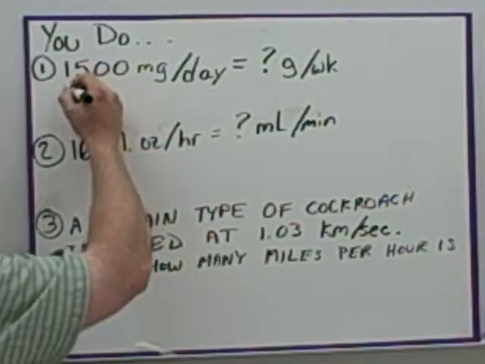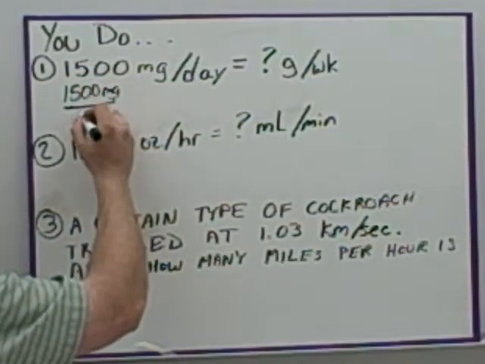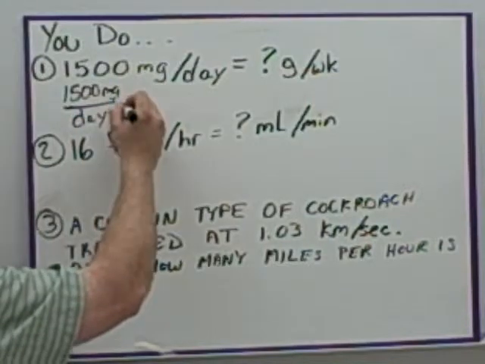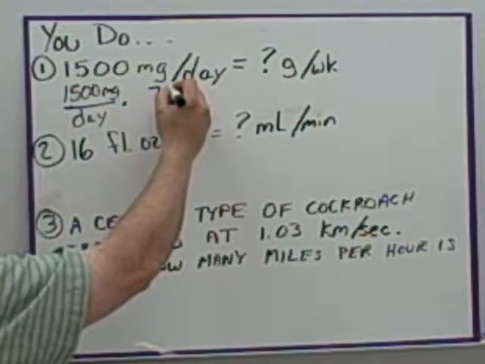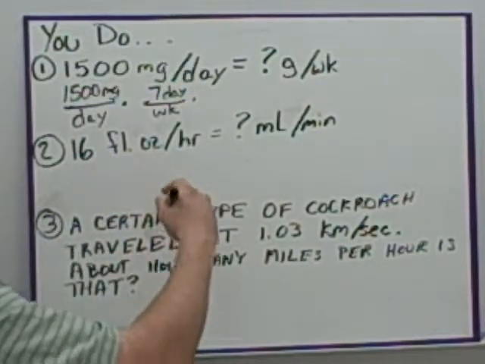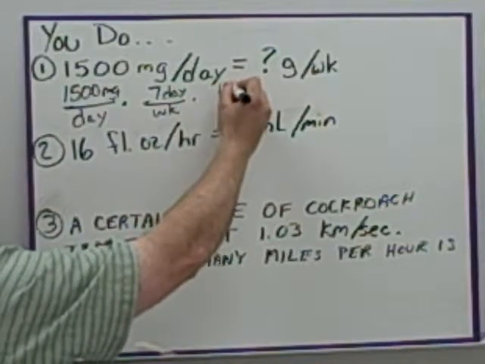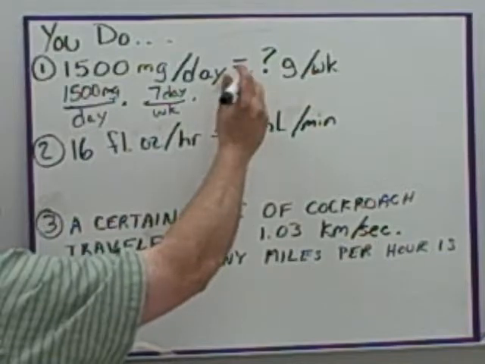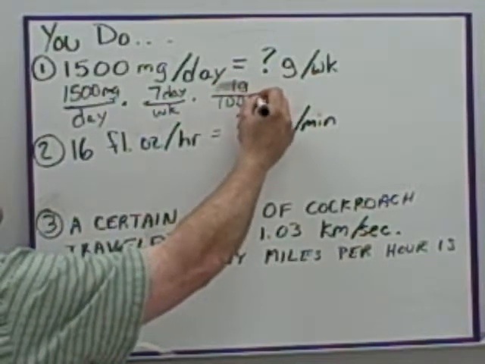Milligrams to grams, we have 1,500 mg per day. Let's take care of the week here first. There are 7 days in a week, and for every 1 gram, there is 1,000 milligrams.